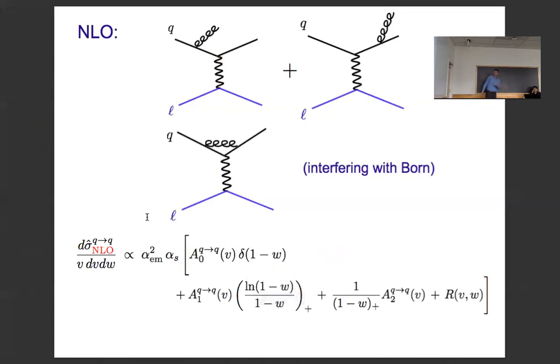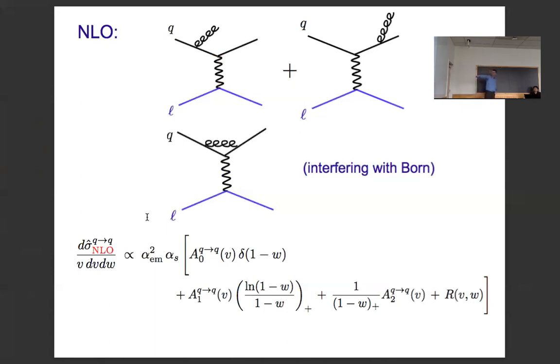If you work it all out, and I'm going to give you a couple of details in a second, then in the end you will find a next-to-leading order contribution that is, of course, one power of alpha_s now, on top of the alpha squared that the overall process had. There will be contributions that are still delta functions in 1 minus W. They come from, for example, virtual corrections. And there are also these plus distributions, which are in fact related to the threshold logs that I mentioned earlier.